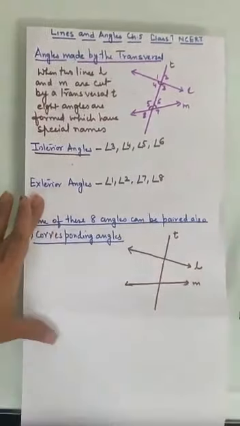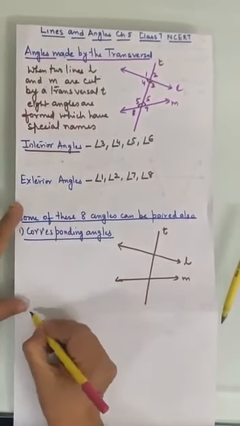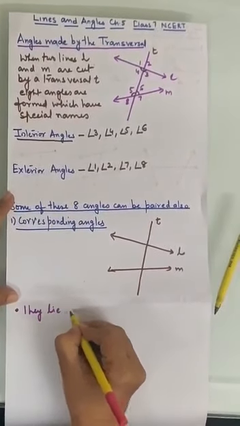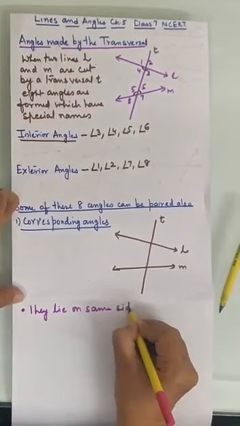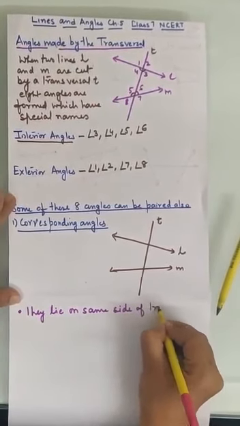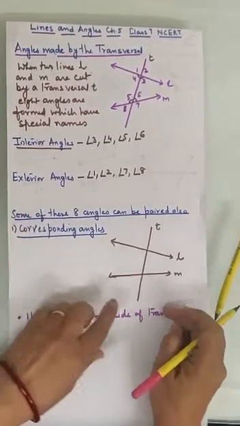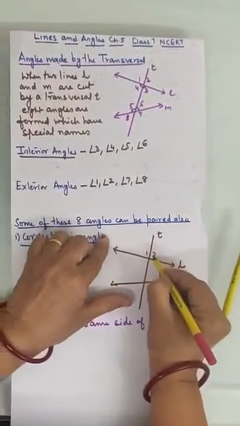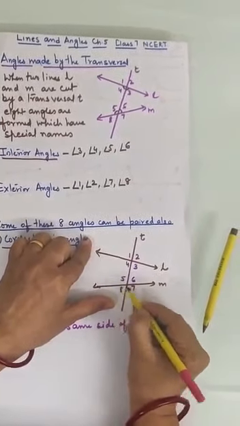Now corresponding angles. What are corresponding angles? They lie on same side of transversal. Now see here, our angles we marked 1, 2, 3, 4, 5, 6, 7, 8.